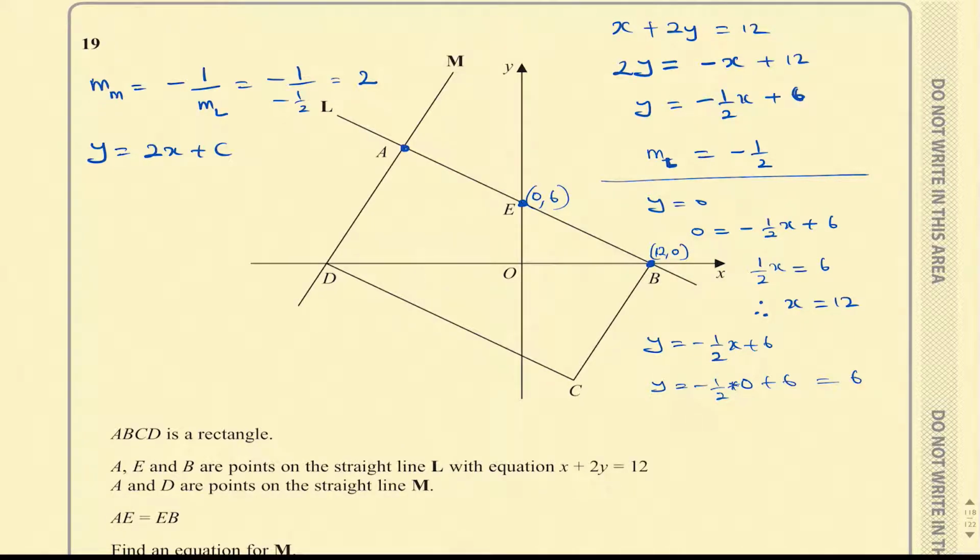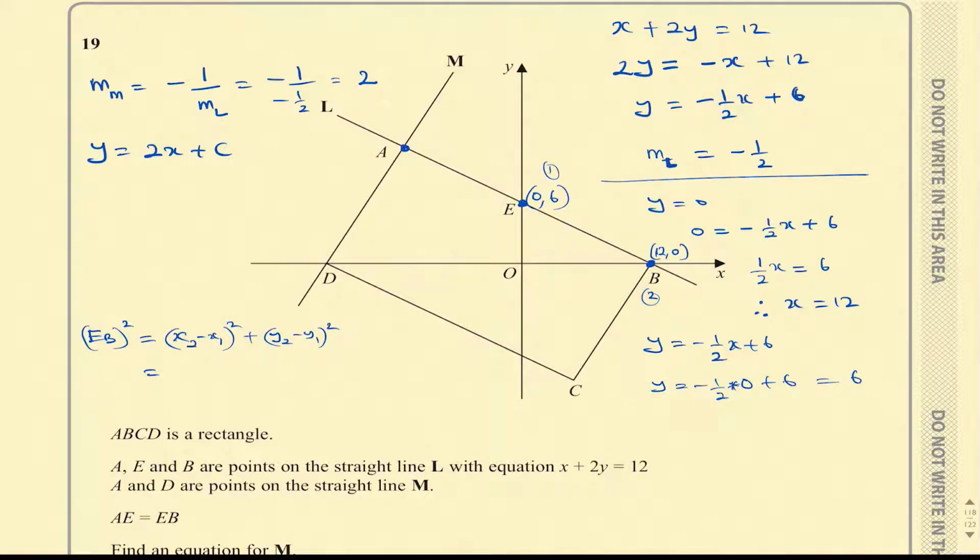Now, I need to find the distance EB. The distance EB is equal to distance EA. So to find the distance EB, I write EB squared equals x2 minus x1 squared plus y2 minus y1 squared. That's my point number 2, and that's my point number 1.